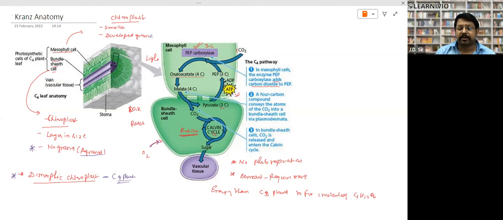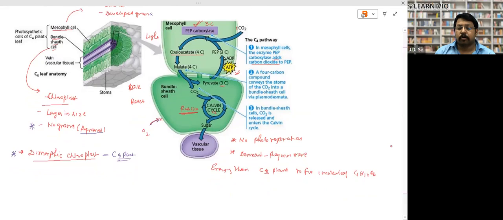So, what is the benefit of Kranz anatomy? In Kranz anatomy, what you have to remember is that dimorphic chloroplasts are found. Photorespiration cannot take place. Why? Where the Rubisco is present, that cell is a bundle sheath cell which is impermeable to oxygen, and they consume more energy than C3 plants, right?